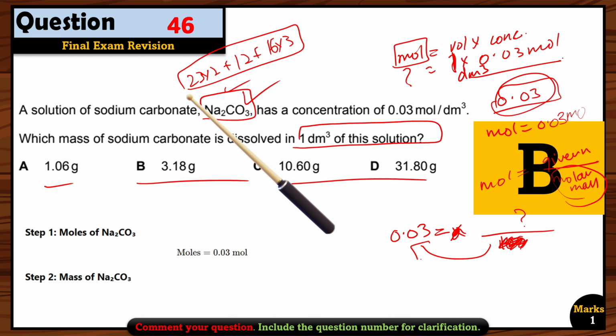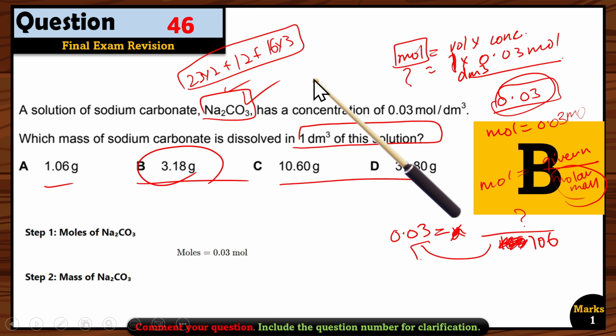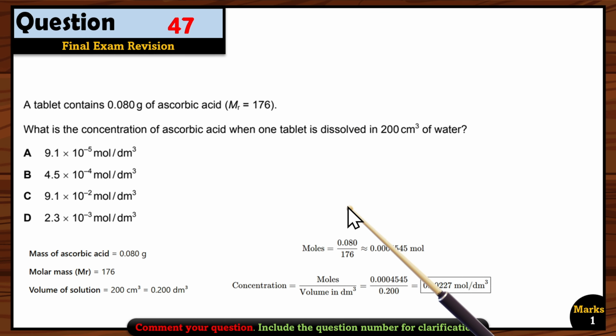Let's see how much we will get. 23 into 2, and then we add 12, the mass for the carbon, and then 16 into 3. So it's 106. Yes, it's actually 106. That's why your answer will be almost 3.18 gram. You just have to multiply this. So it's simple. Here we are just using the moles formula, but two mole formulas are used here. One by one you have to use them, and then you can easily find the answer.